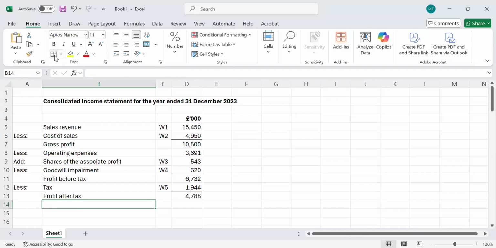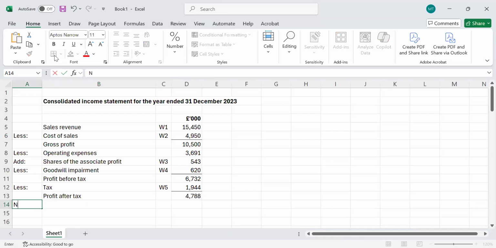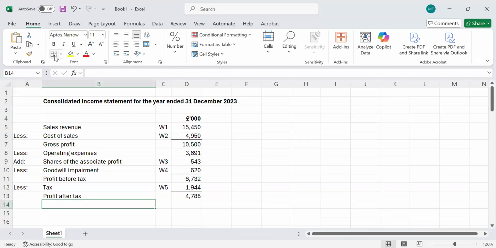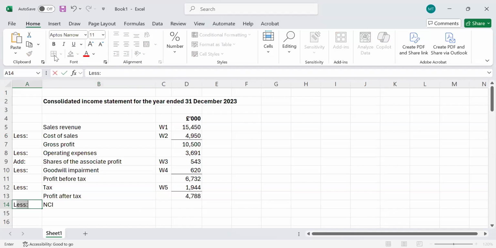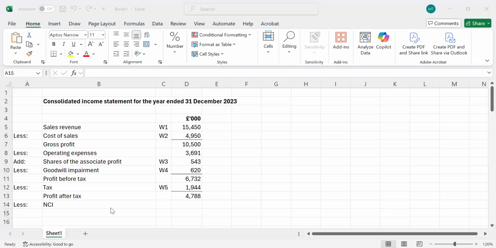Now finally, we have been told that we must show NCI. So the NCI is then removed. Right, so we can show it separately in the working, but we can do it directly here.